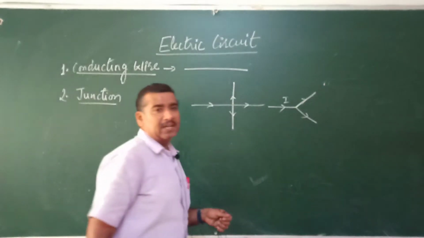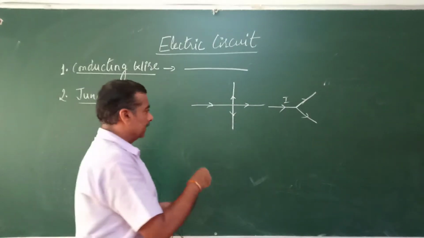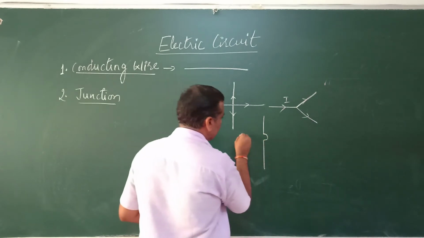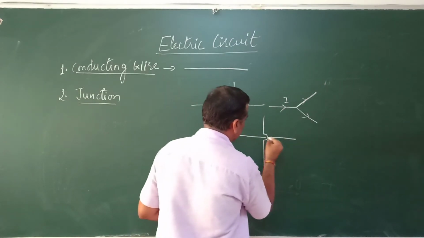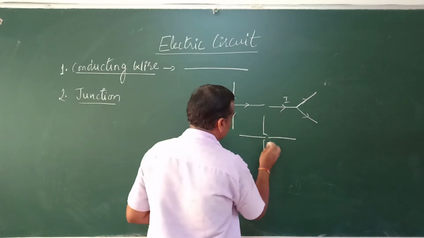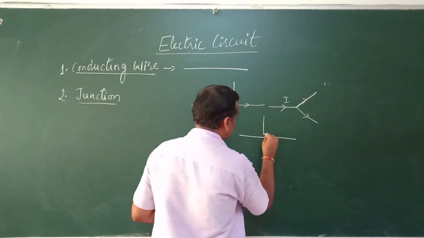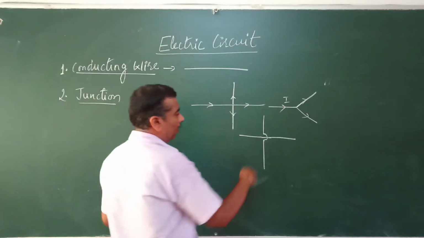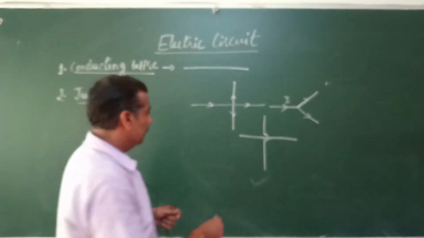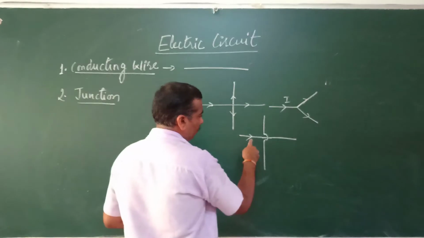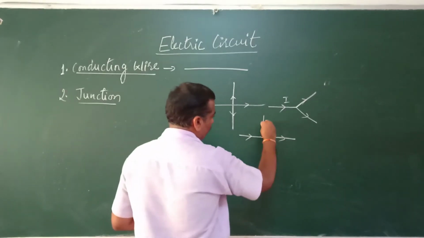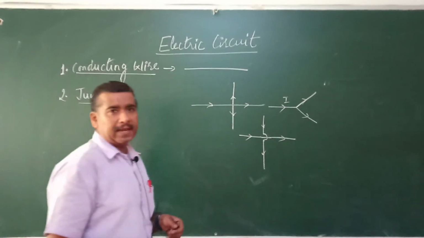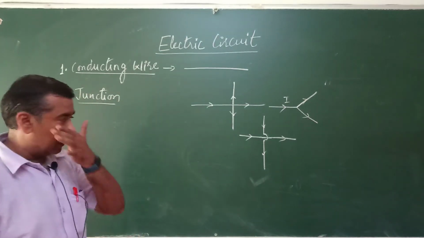So this is a junction. Now if there is a wire going like this and then there is a wire going like this, these are two wires but they are not in junction, है ना. If the current goes through this wire, it is not connected, this wire is independent of this wire, right? So this is like an overpass, ठीक है.